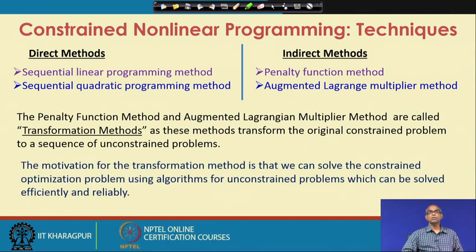As the name suggests, the transformation methods will transform the original constrained problem to a sequence of unconstrained problems, and we have already seen that unconstrained problems can also be solved very efficiently and reliably. The motivation for the transformation method is that we can solve the constrained optimization problem using algorithms for unconstrained problems, which can be solved efficiently and reliably.